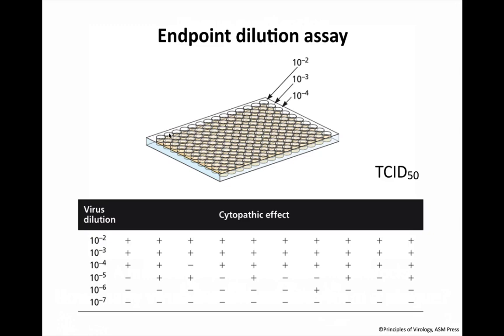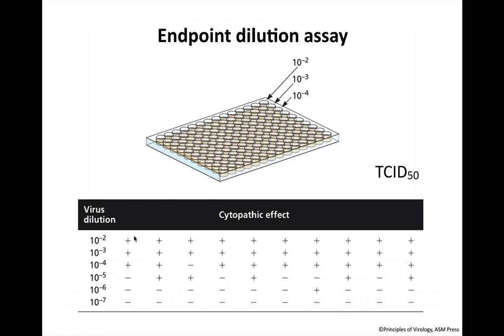You infect each well with a different dilution. The first row is infected with a -2 dilution, then -3, -4, and you go all the way out as far as the 96 well will handle. Then you incubate the plate for a few days, and you look at each well under the microscope, and you simply ask whether you see cytopathic effect, which is evidence that virus infection has occurred.